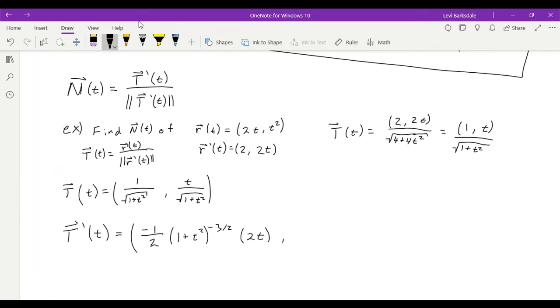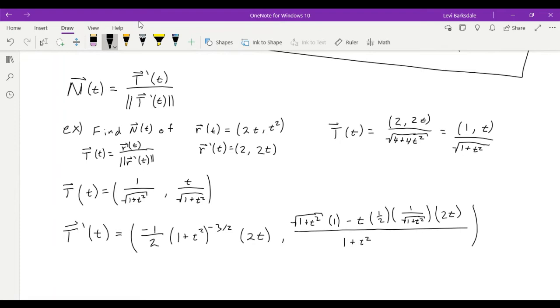We say low times the derivative of the high portion, 1 plus t squared times 1, minus high times the derivative of the low portion. Derivative of the square root of 1 plus t squared is 1/2 times 1 over square root 1 plus t squared times 2t, all over the bottom portion squared, so all over 1 plus t squared.